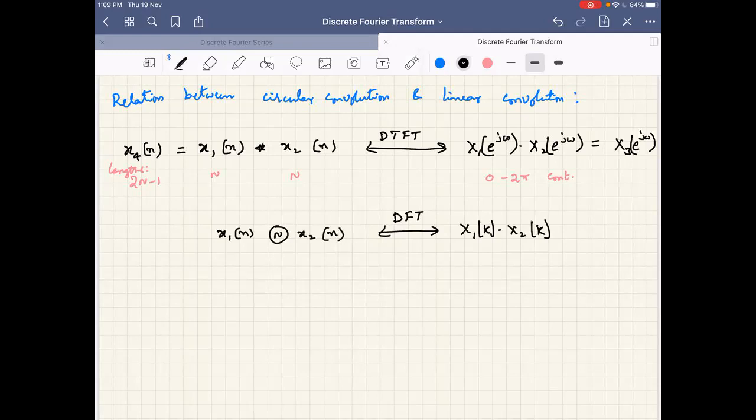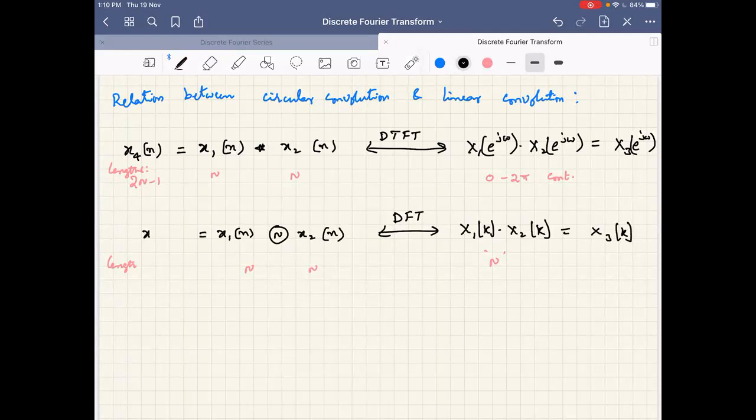Please note that the lengths are the same: here it is also N, x1 into x2, this is also N. Let us define this for simplicity as x3 of k, for the time being, and we will see if anything is needed.